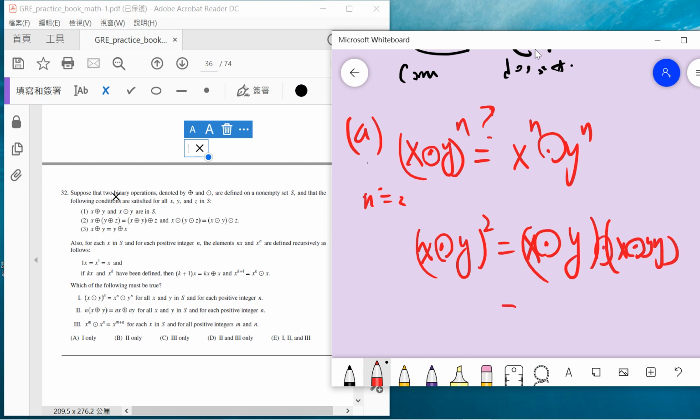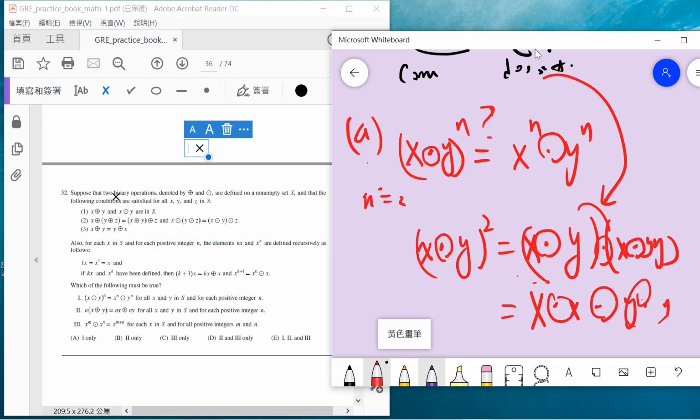But dot is not commutative, so we cannot write it as x dot x dot y dot y. So A is not correct.